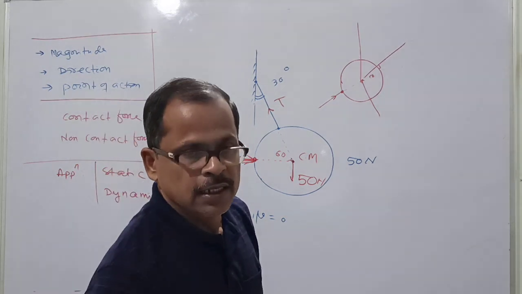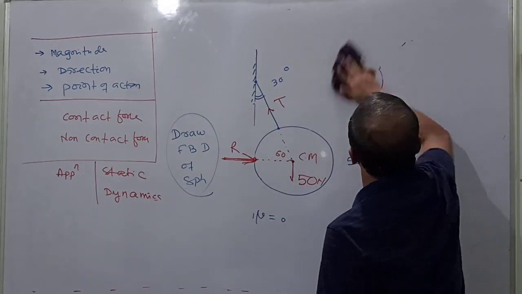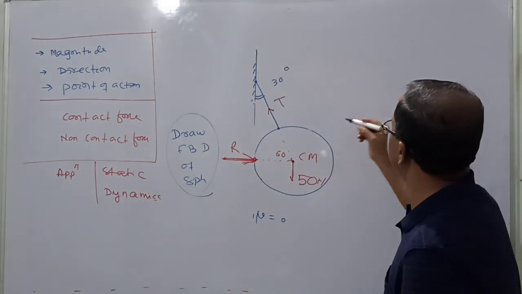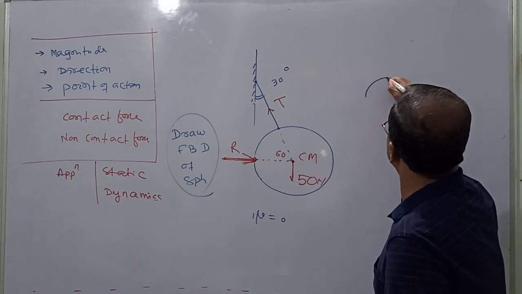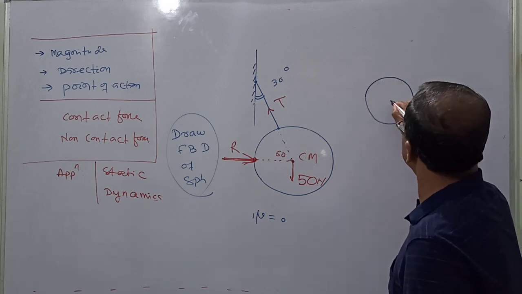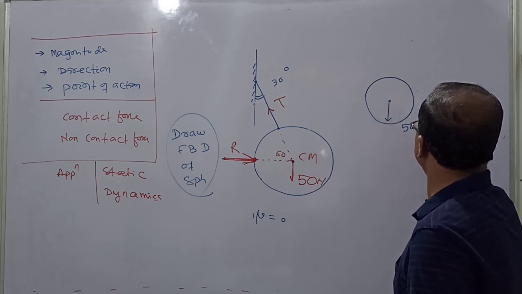Let us draw a separate diagram so that the picture is clear. I am drawing the free body diagram of the sphere. This is the sphere. At the center, the weight is acting, that is 50 Newton.